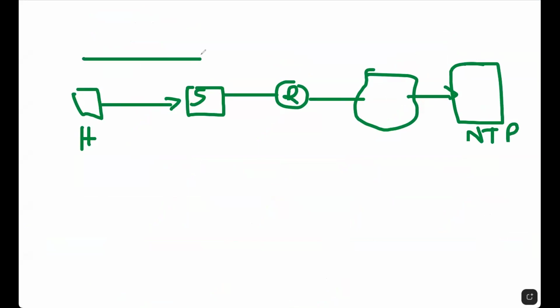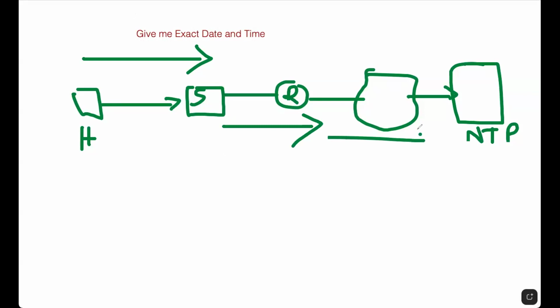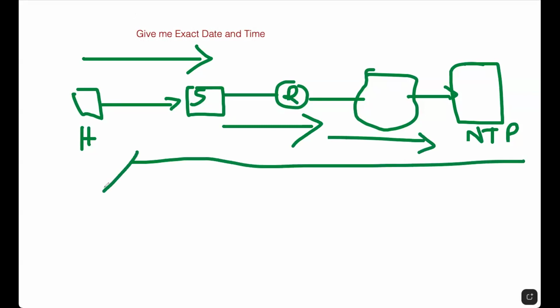The host will send an NTP request: give me the exact date and time. The request will be sent to the switch, to the router, to the internet, and then the NTP server will reply back to the host saying, okay, here is the exact date and time.